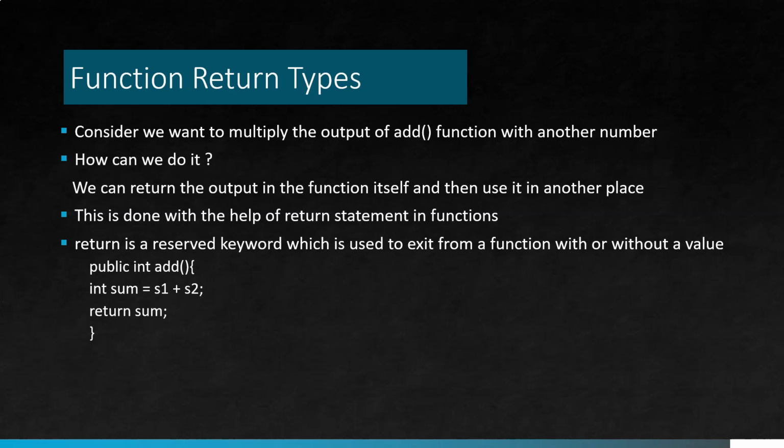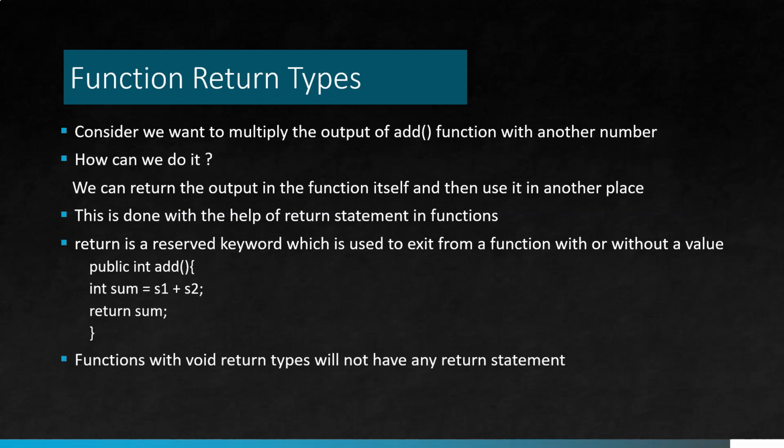So we can either return a value like 0, or we can return a value with actual output. Like in the add function, we can actually return the sum of two numbers, right? And that will be stored in a variable called sum.